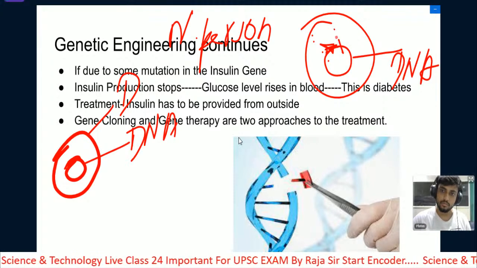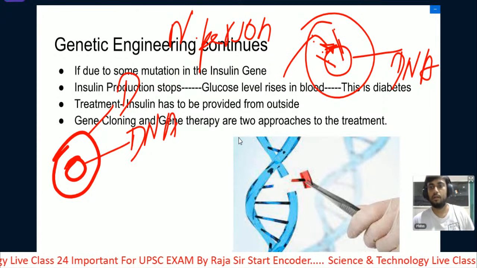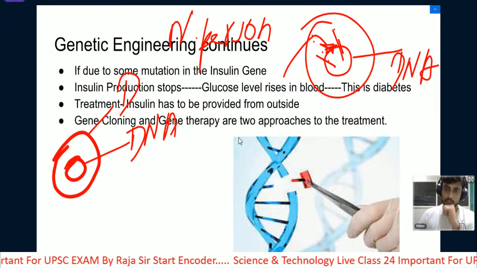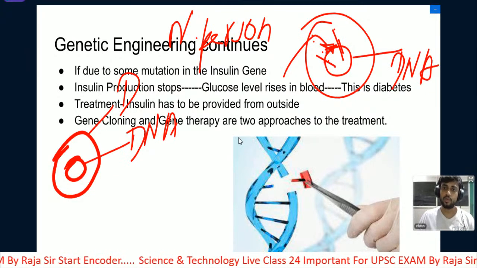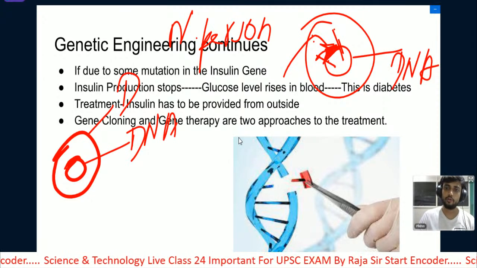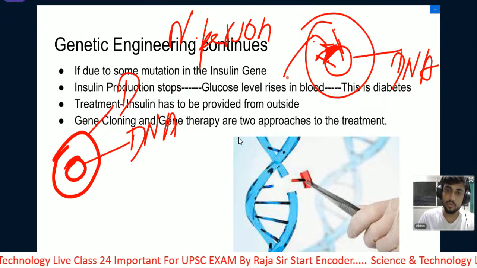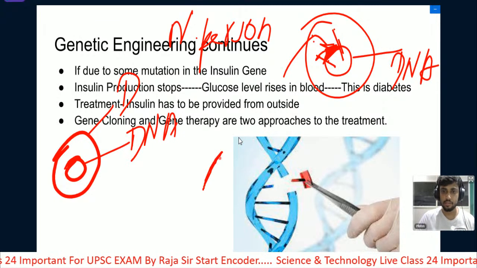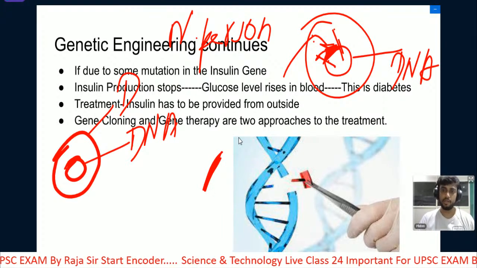We will take out this particular portion of the gene which is responsible for producing insulin. So we have the gene with us.